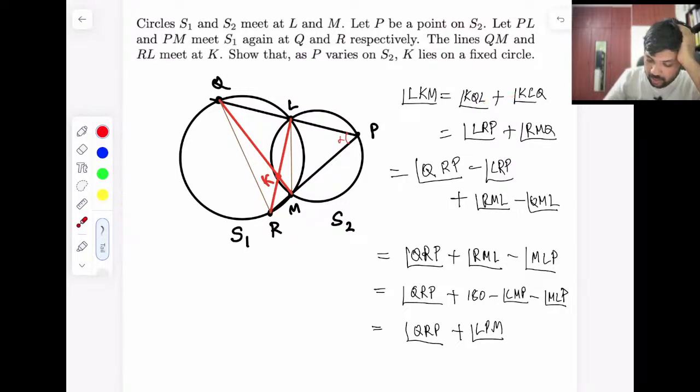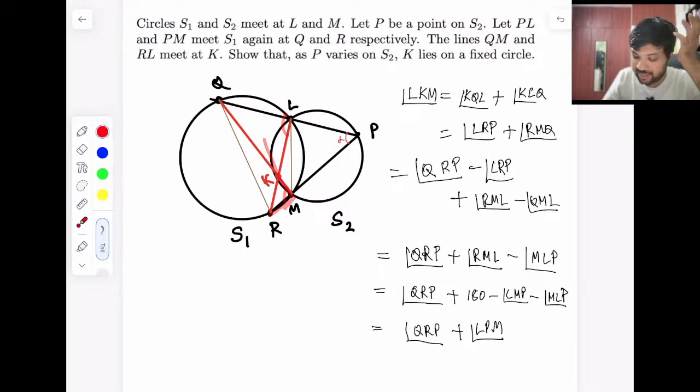And KQL is MQL, and MQL is MRL. So I said KQL is LRP, is that a mistake? No, LRP is KQL, that's correct. And KLQ is RMQ. That's also correct.